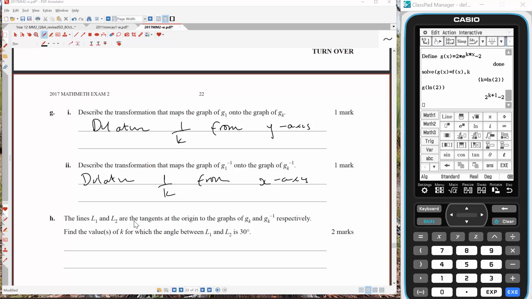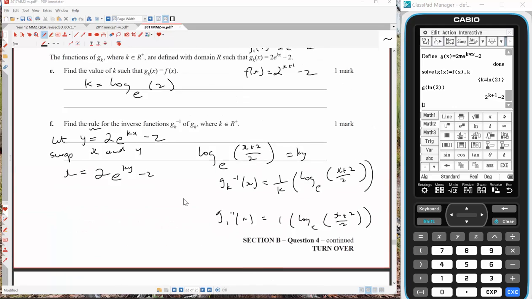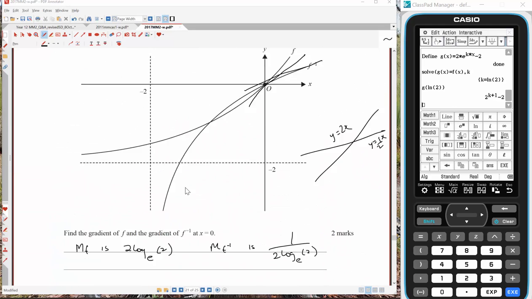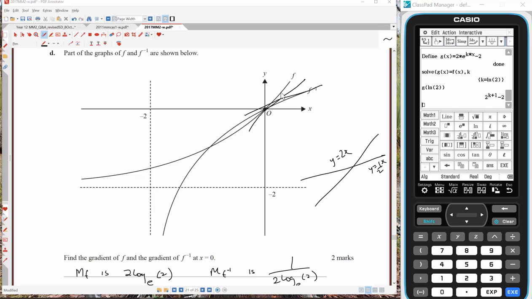The lines L1 and L2 are tangents at the origin to the graphs of gk and gk inverse respectively. Find the value of k for which the angle between L1 and L2 is 30 degrees. Well, it's going to be a similar scenario to these.